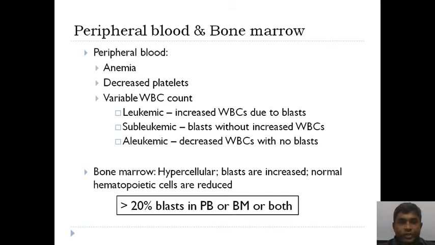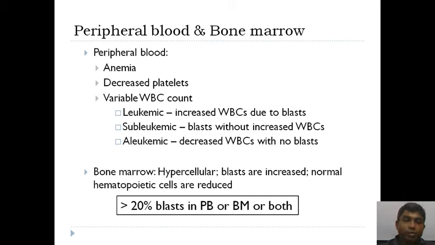So what do we see in the peripheral blood and bone marrow? So this is a hematopoietic tumor. So this manifests mainly as abnormalities in the peripheral blood and bone marrow. We saw the clinical features which arise because of involvement of peripheral blood, which is anemia because of reduced red blood cell production, reduced platelets because of reduced megakaryocytes.